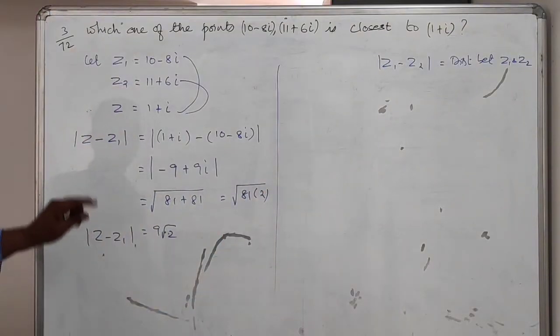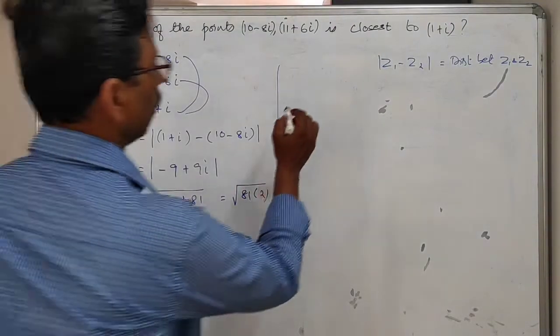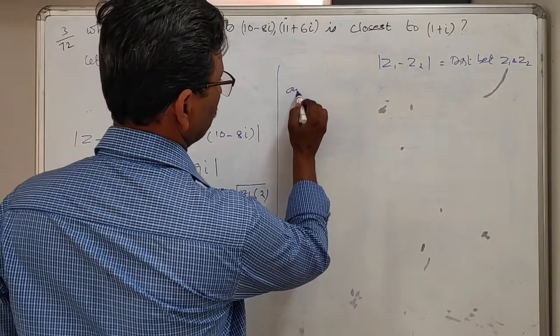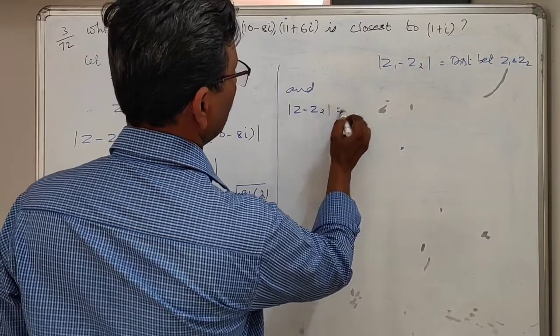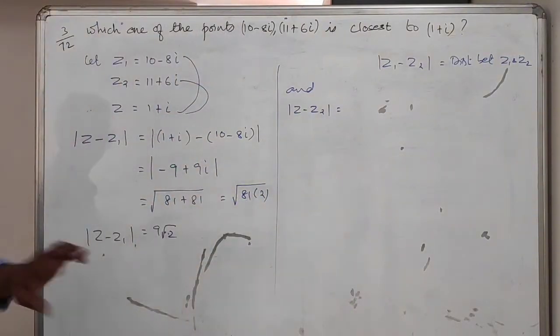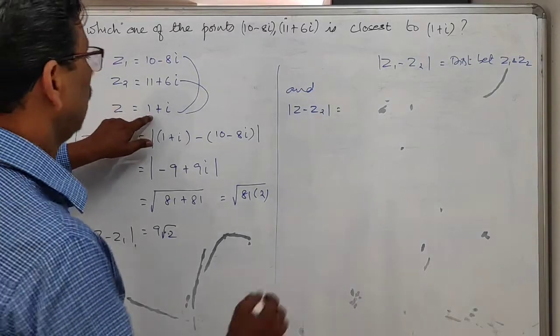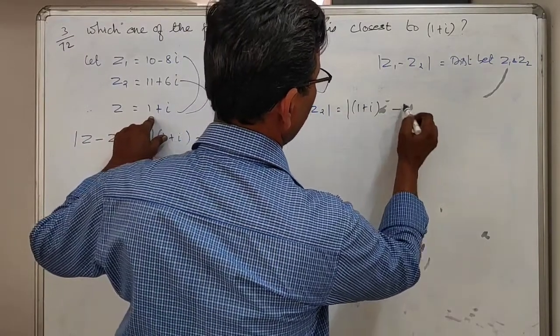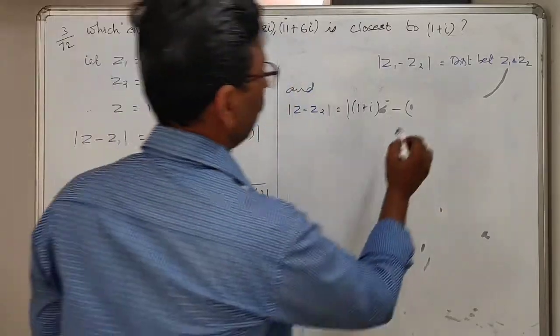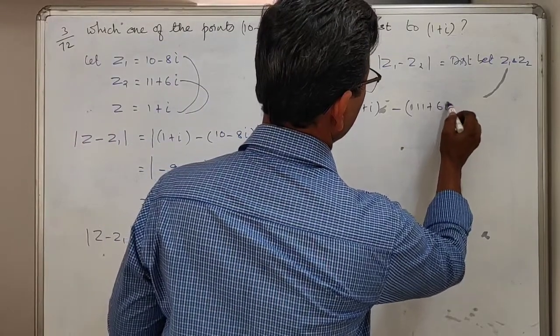Now, next one we have to find distance between Z and Z2. Therefore, we are going to find out Z minus Z2, that is distance between Z and Z2. Now, you can write modulus of 1 plus i minus, what is this one? 11 plus 6i.